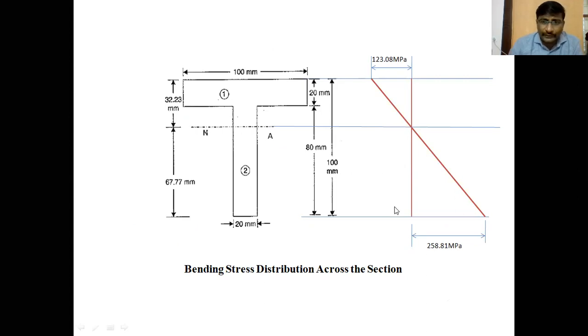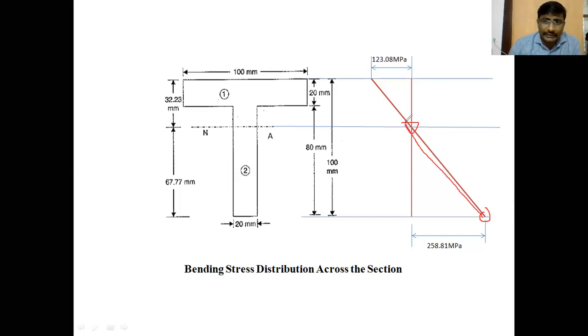So locate from this vertical line 258.81 megapascals at a certain distance, okay? And after locating this point, join this point with the neutral axis point.